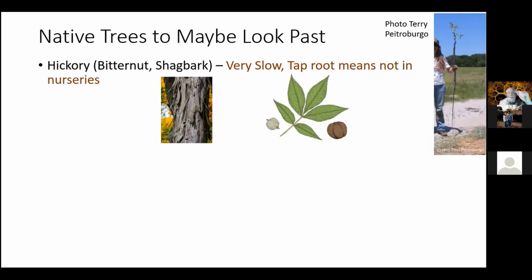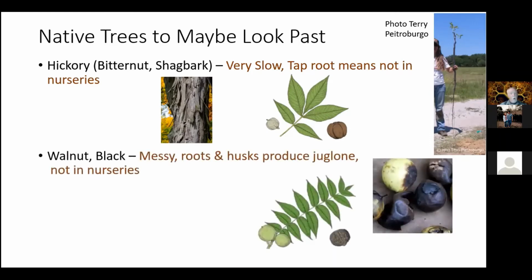By the time it's 3 inches tall, its root is too long for the container. And I've tried digging them up when they're really little and moving them, and I've yet to be able to dig one up, taproot and all. So you can mail order them, but they're really slow growing. So there's that.